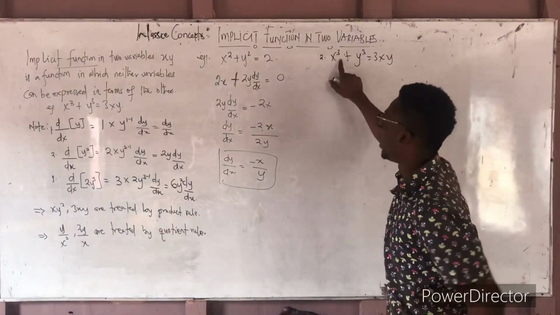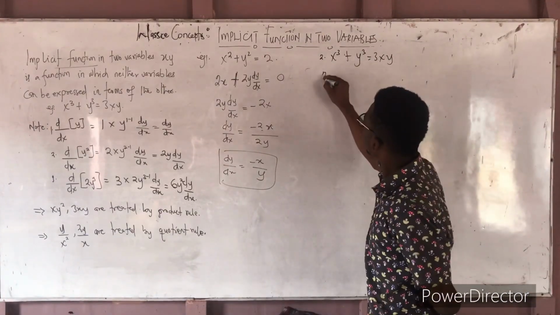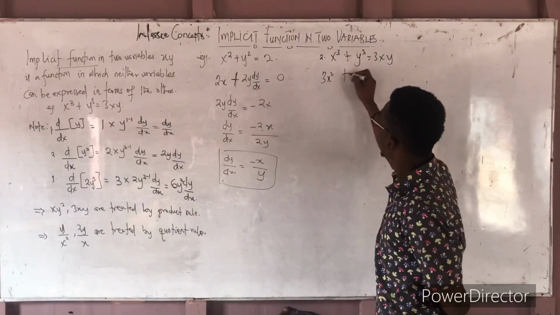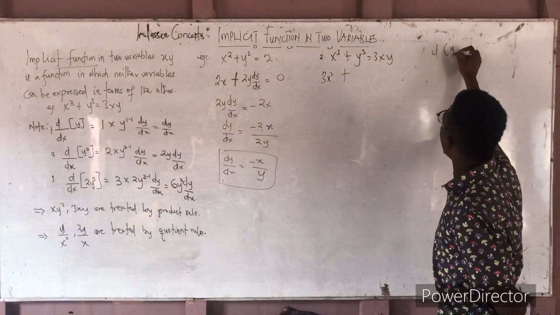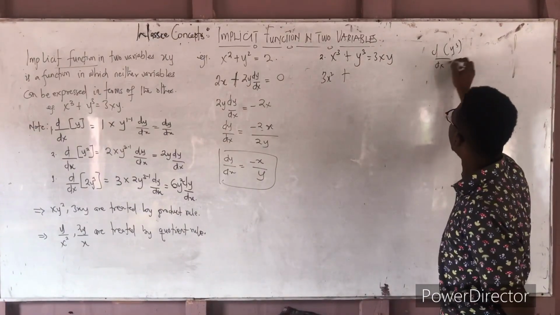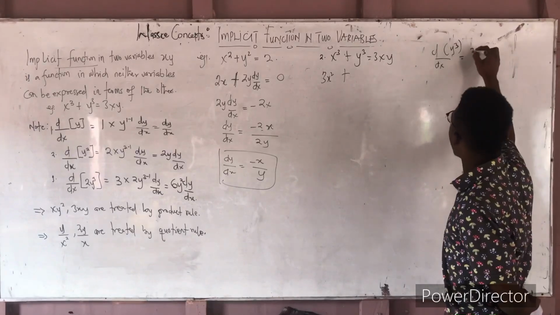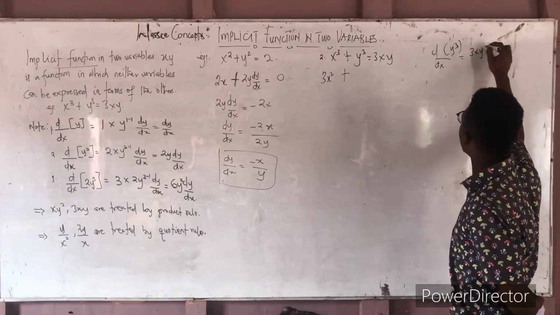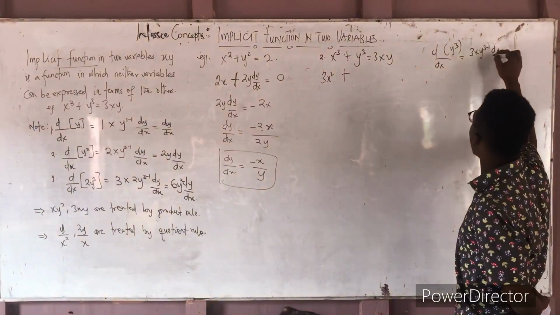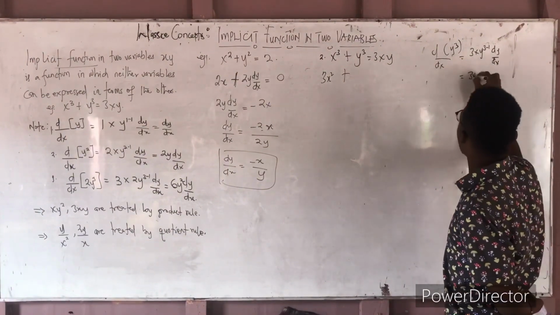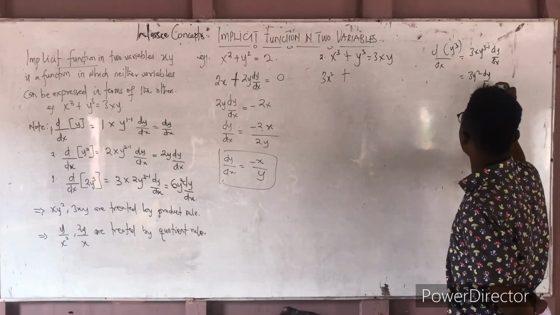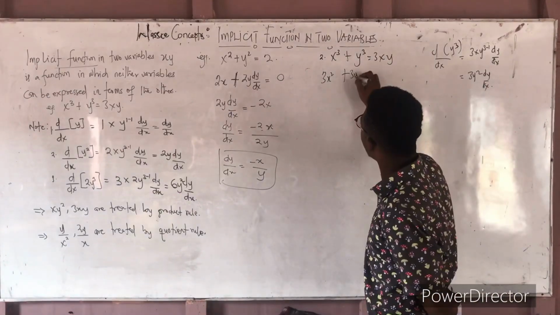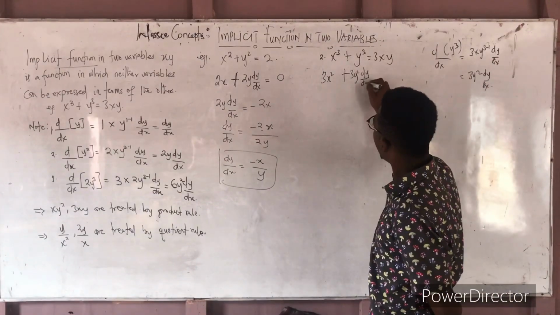Now, the derivative of x cubed is 3x squared, plus the derivative of y cubed with respect to x will give you 3 times y squared dy/dx, which is 3y squared dy over dx.